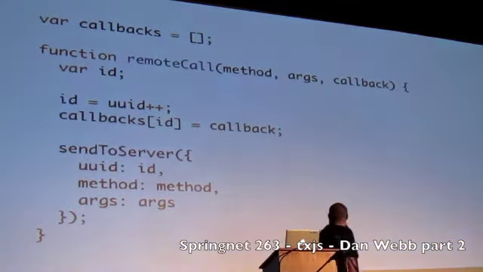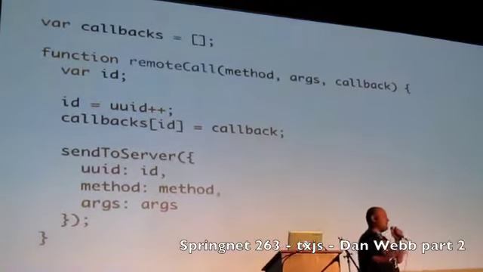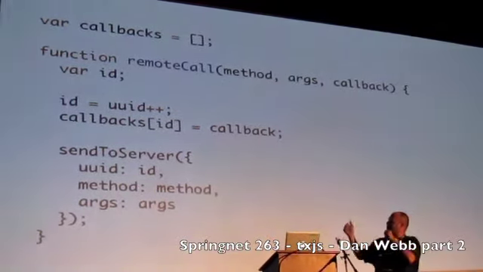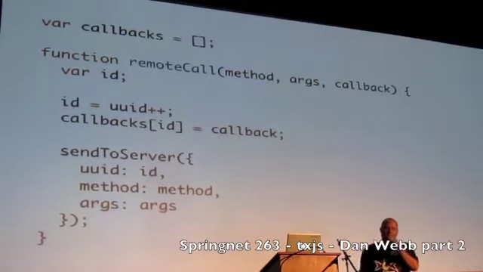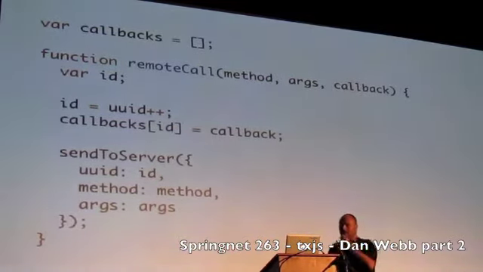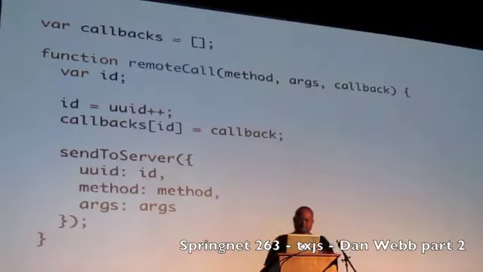We generate an individual ID for each one of these callbacks and then store the callback in a hash that's keyed by that UUID before we make the call.